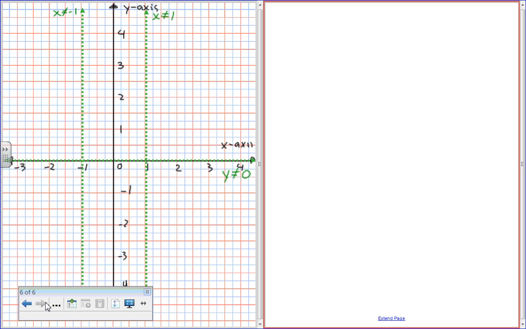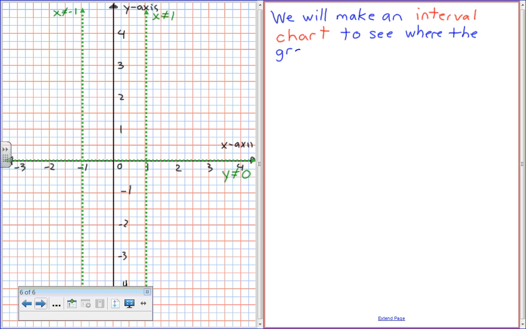We will make an interval chart to see where the graph lies between the asymptotes.